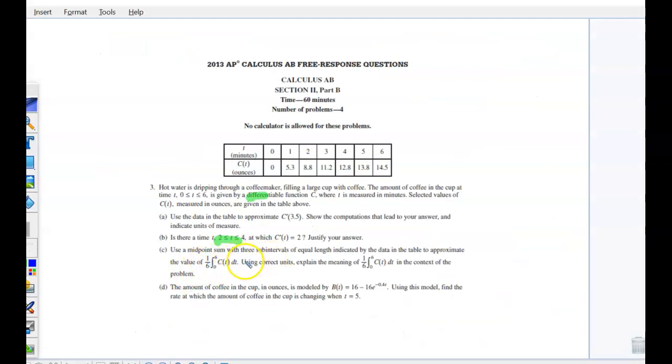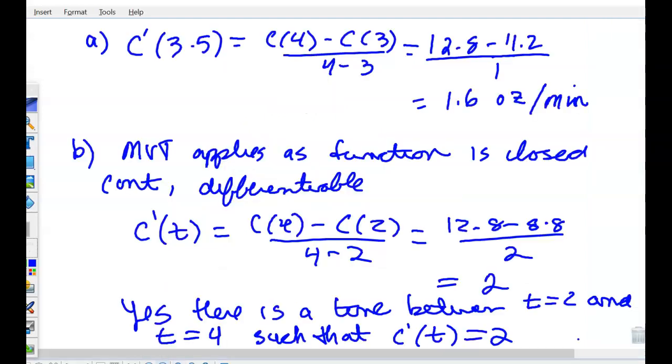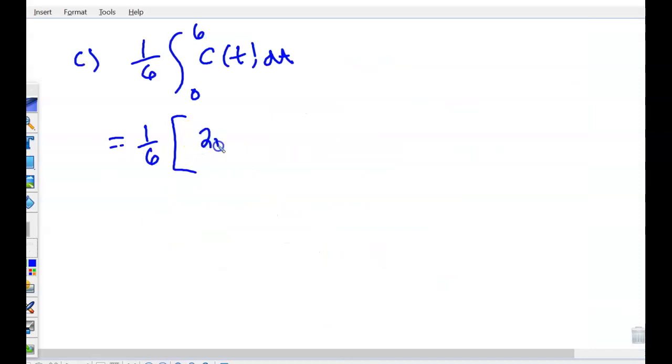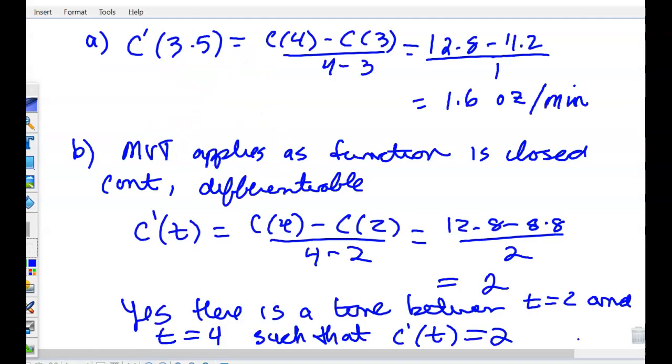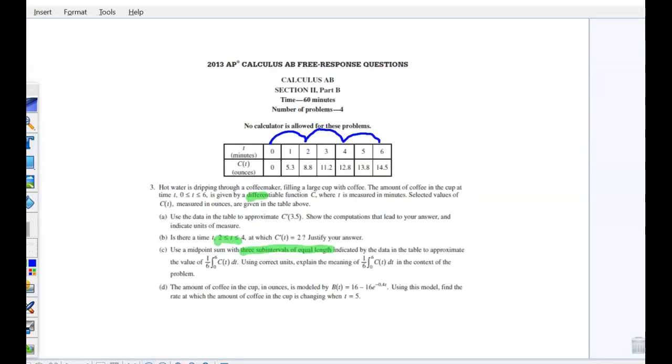So I can use the approximation, and they want us to use a midpoint approximation with 3 subintervals of equal length. So you have to read the question carefully. 3 intervals would be 0 to 2, 2 to 4, and 4 to 6. So the width of my rectangles is going to be 2 minutes. And I'm timesing it by the height of each rectangle. They want us to use the middle for the height, so we're going to use these guys.